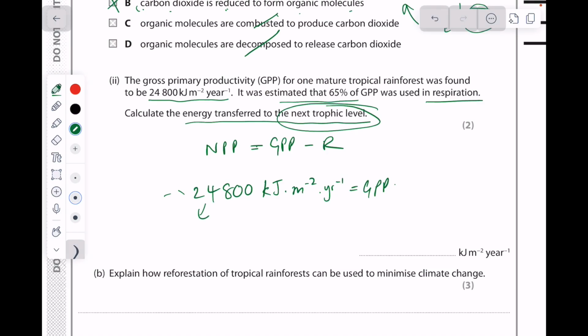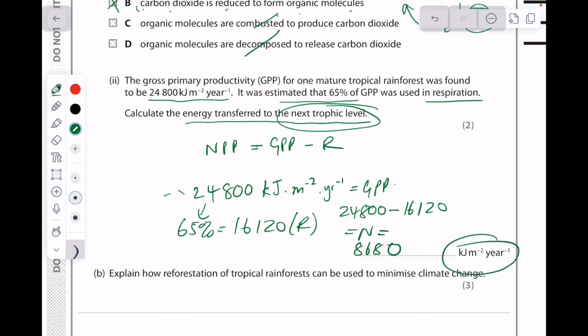So 65% of that equals 16120, okay, which is then equal to R. So NPP equals 24800 minus 16120 equals 8680, and the units are there.